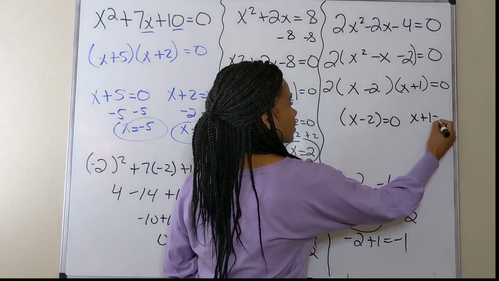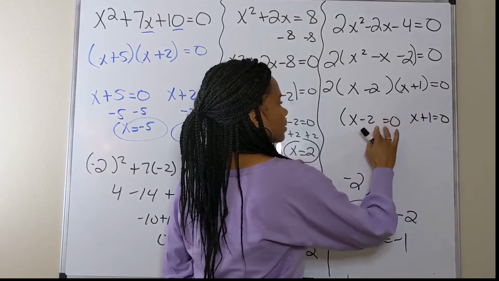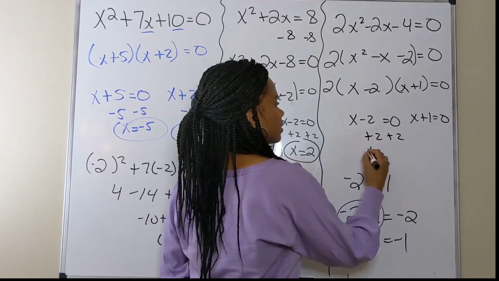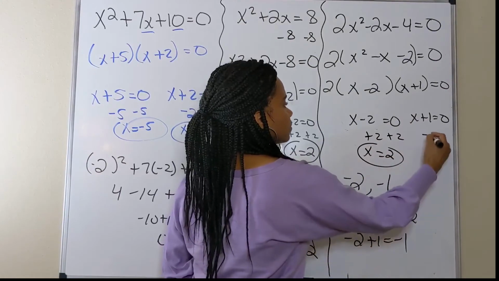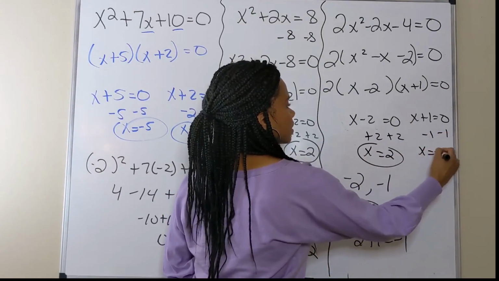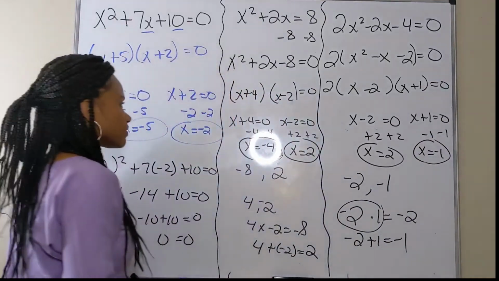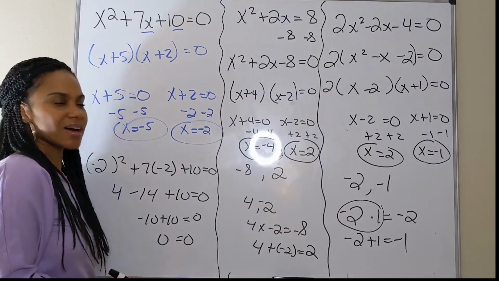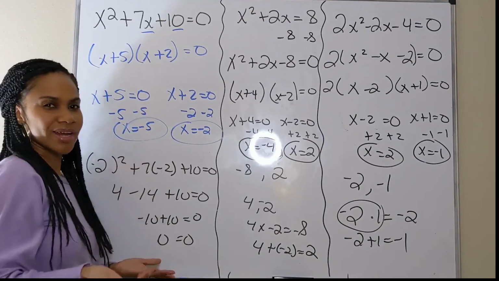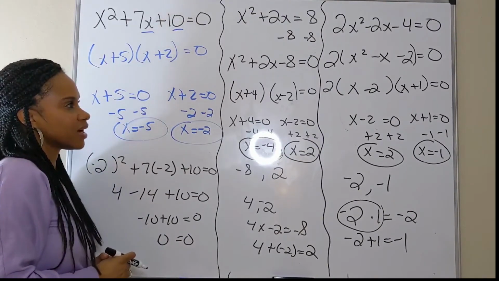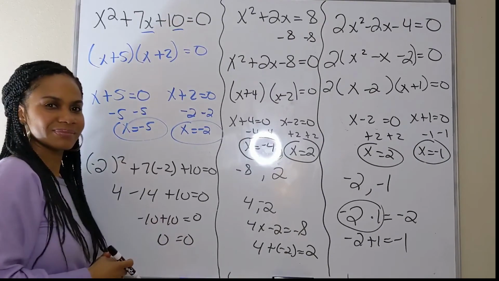And by now, hopefully you notice that you're just changing your sign. X equals 2. X equals -1. All right. And so we have solved these quadratic equations in the form of x squared plus bx plus c by factoring.